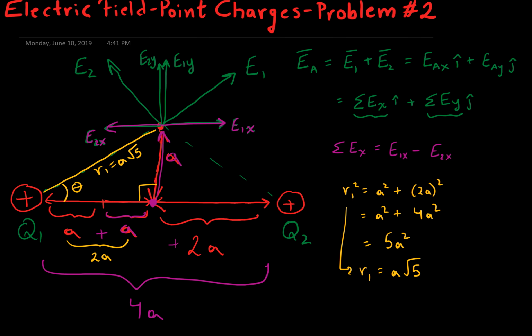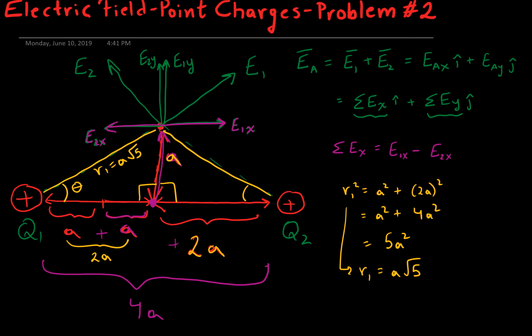Now that we know that distance, let's recollect that this is basically a symmetrical picture. So r2, the hypotenuse of this right triangle, also has the legs of a and 2a.